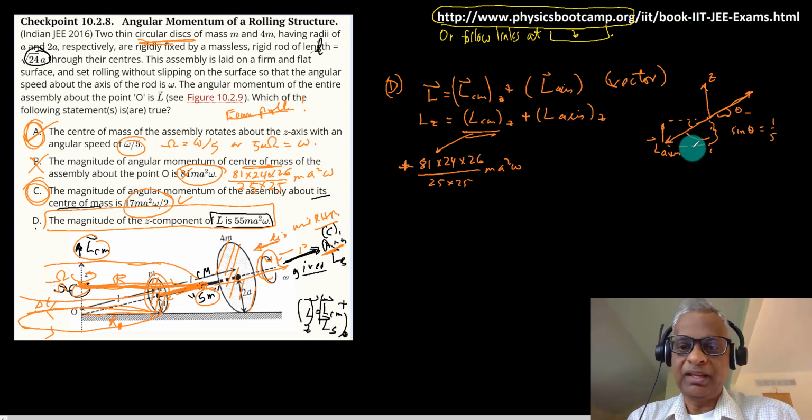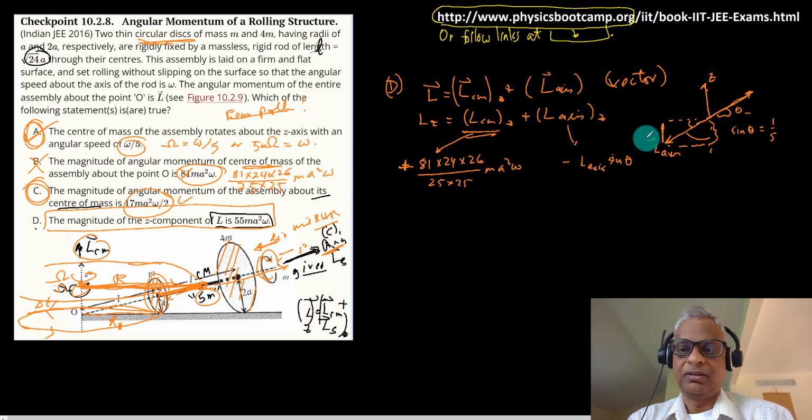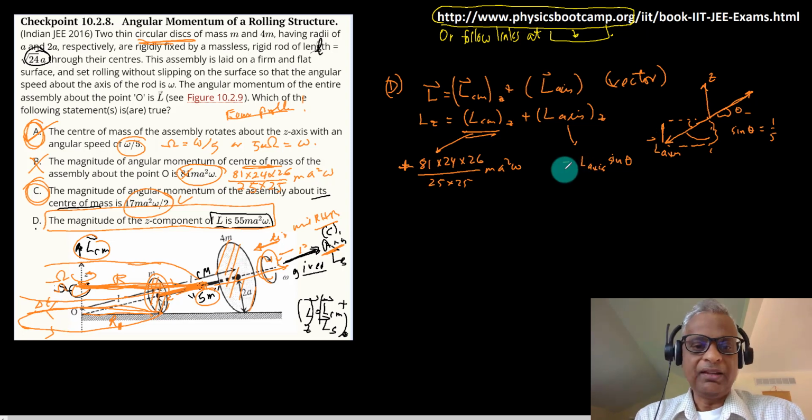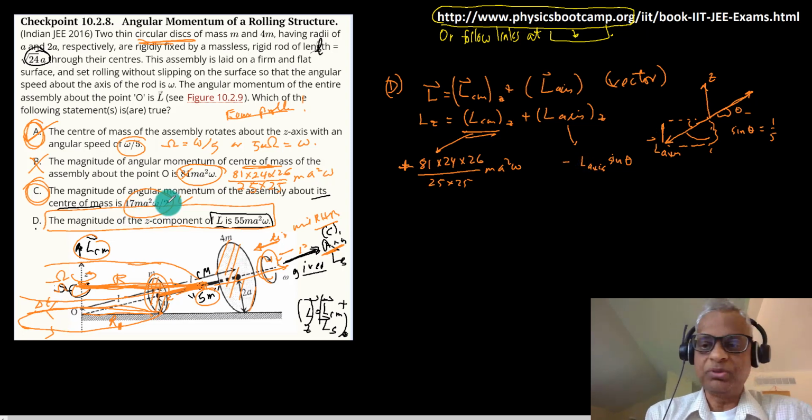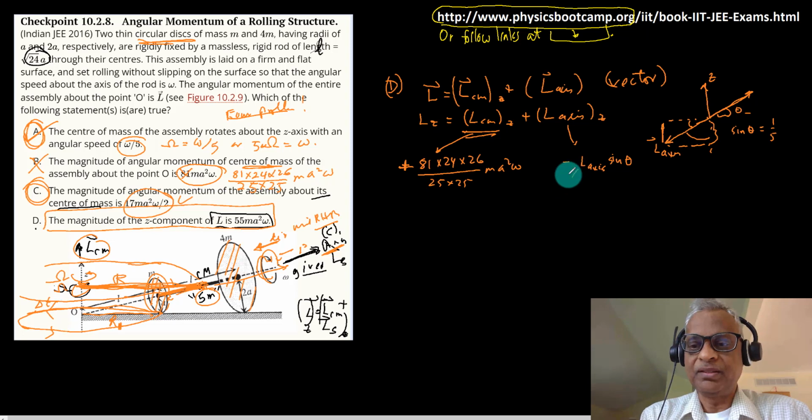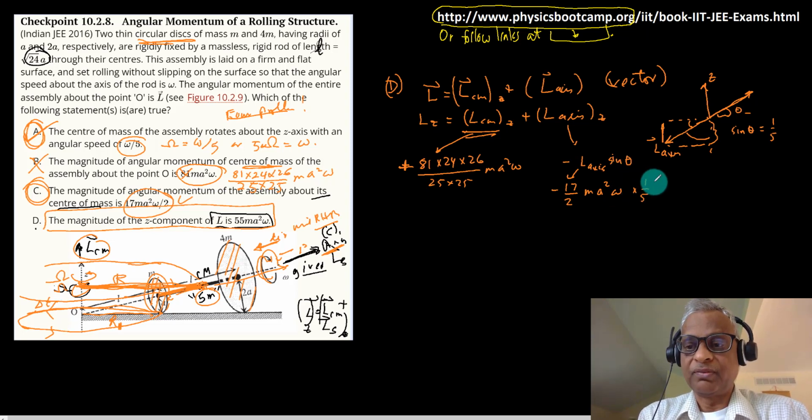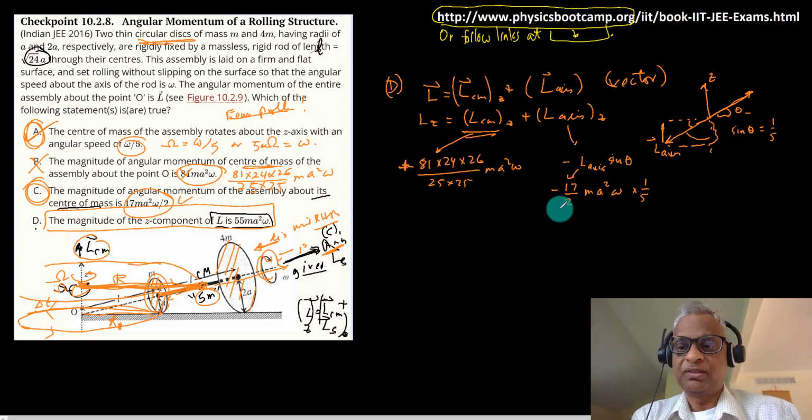So this is going to be negative L axis sine theta. L axis was 17/2, so this is equal to minus 17/2 m a square omega, and this is 1/5. Sine theta is 1/5.